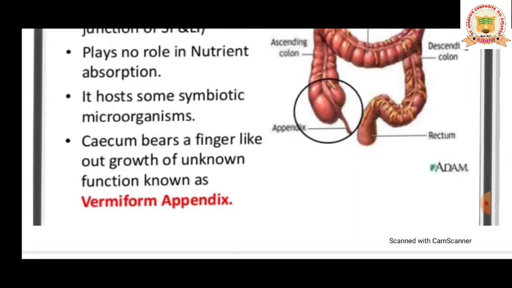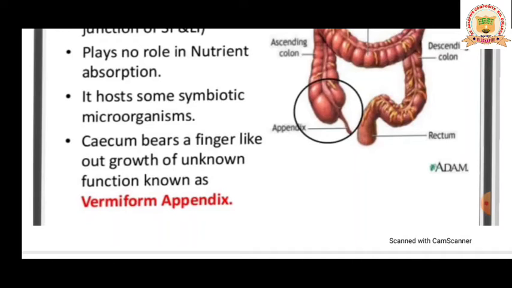The cecum bears a finger-like outgrowth, just like a finger-like projection. You can have a look where I have circled it so that it will be clear to you. It is a vestigial organ which arises from the cecum.